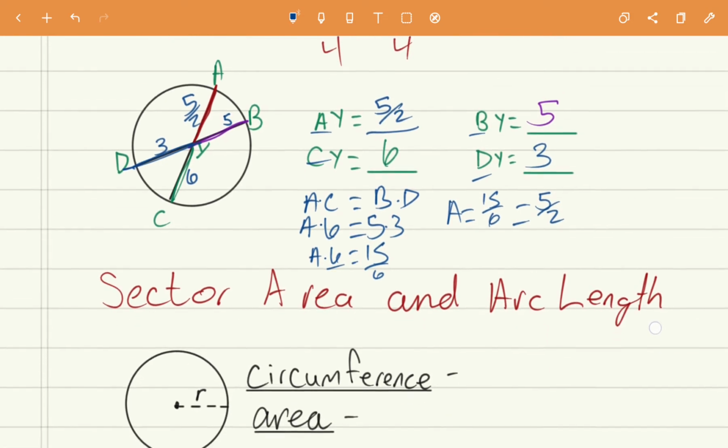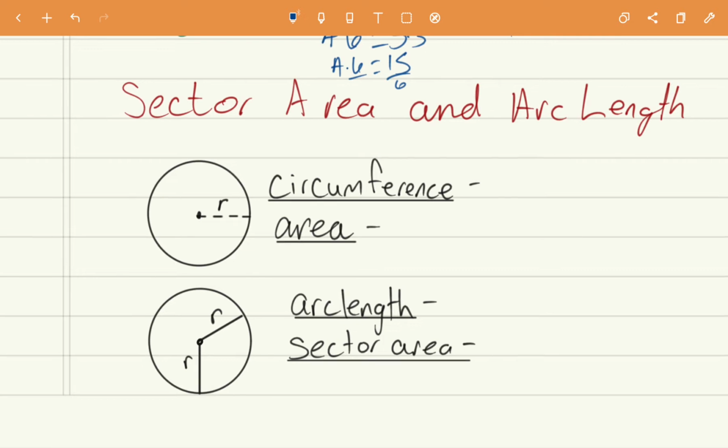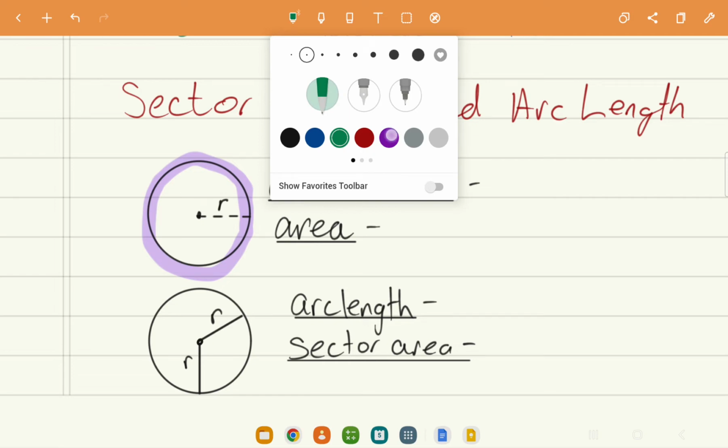Now we are going to look at sector area and arc length. This is another fun one. So you might be familiar with circumference and area. Circumference is the distance around the outside of the circle.